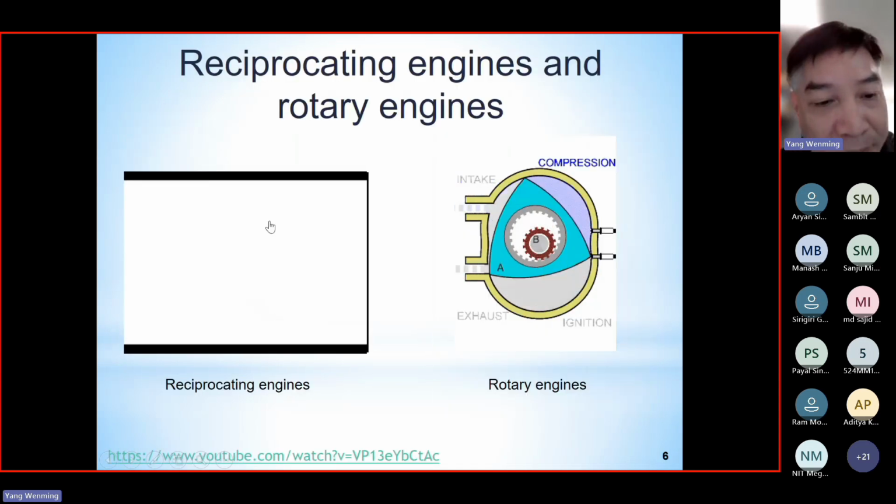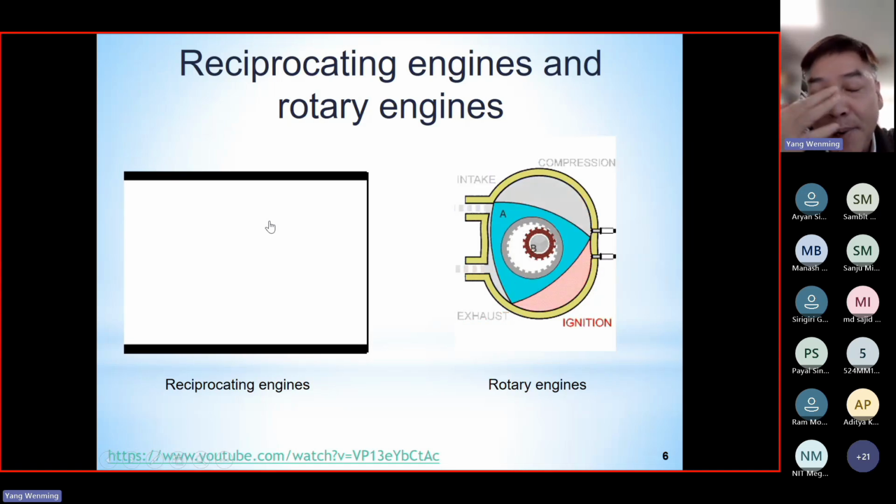Okay, so now we can see how the reciprocating engine works.